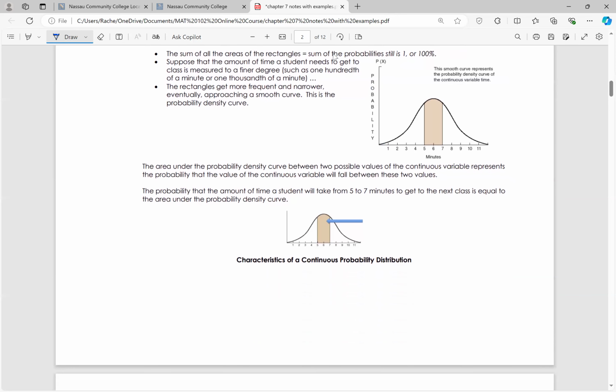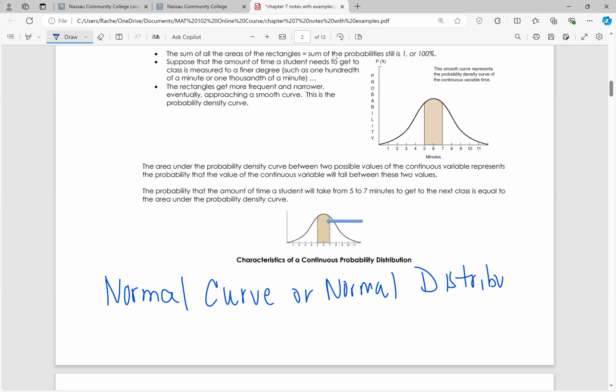So from now on, these nice, smooth, continuous density curves, we're going to call them normal distributions. We're used to calling them bell-shaped symmetric, but now I'm going to call this a normal curve or a normal distribution, which is the same thing as bell-shaped symmetric.